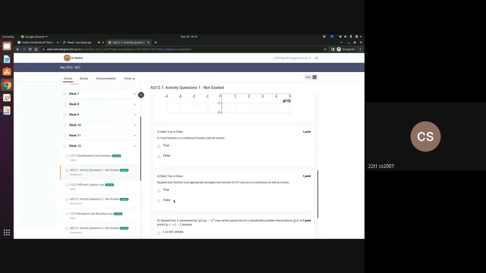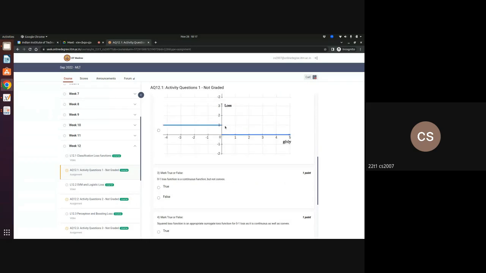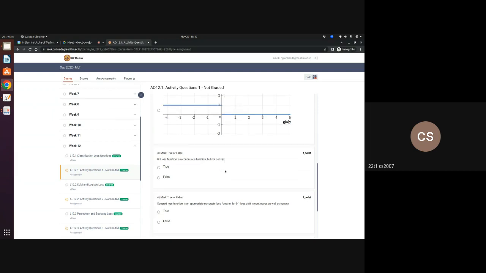Now, in the lecture, sir discusses that since the 0-1 loss, which is the most natural choice of a loss function for a binary classification problem, is not continuous, we need to look for surrogate loss functions which are continuous as well as convex. So in that attempt, we are looking at different error functions.